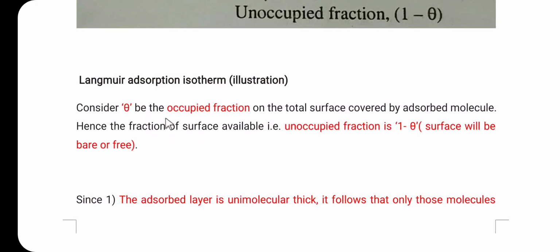Once again, in the Langmuir adsorption isotherm illustration, let theta be the occupied fraction of the total surface covered by the adsorbed molecules. Hence the fraction of the surface available, the unoccupied fraction, is 1 minus theta, the bare or free surface.